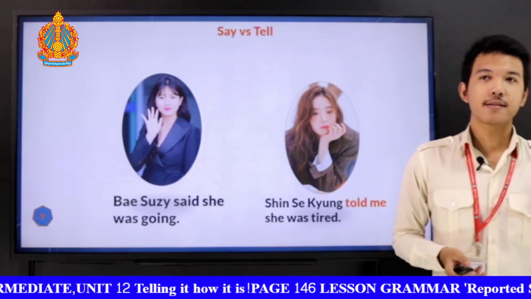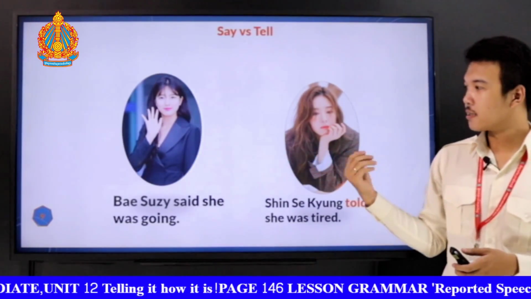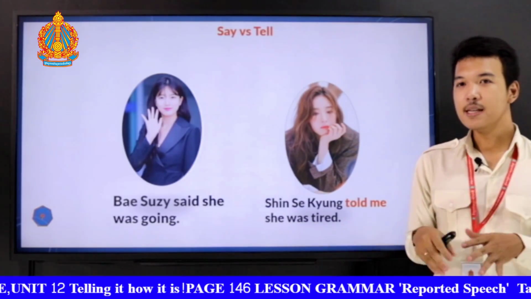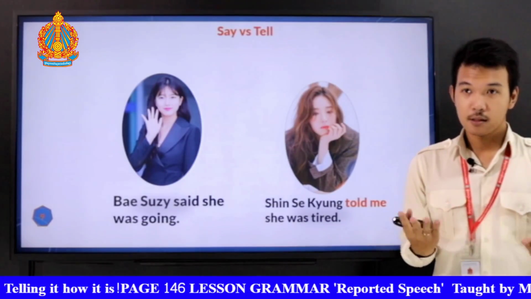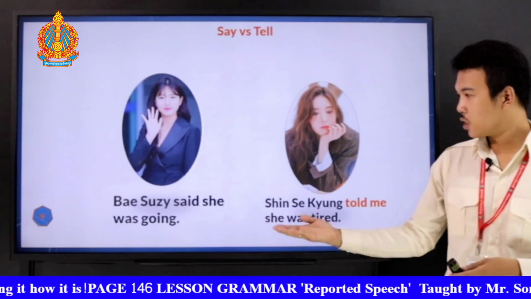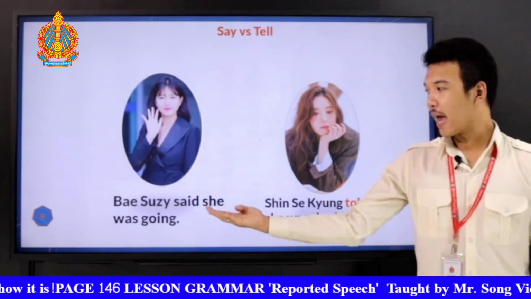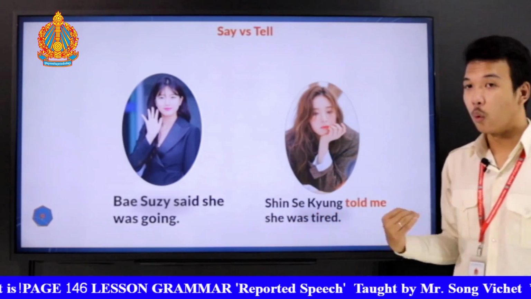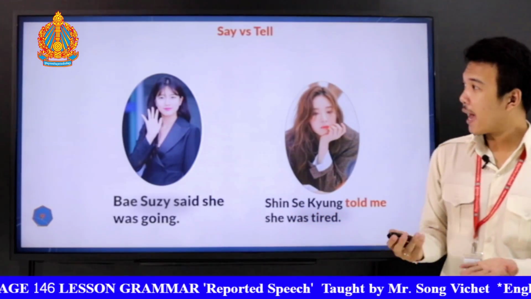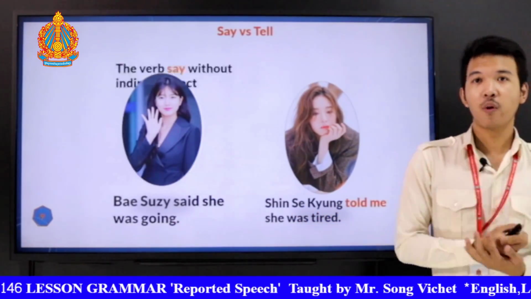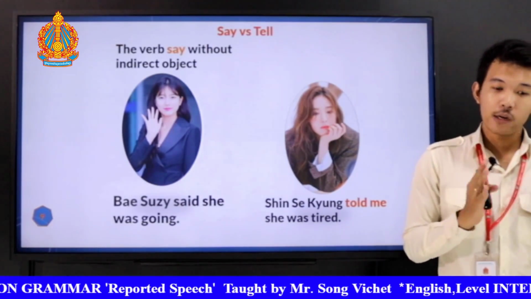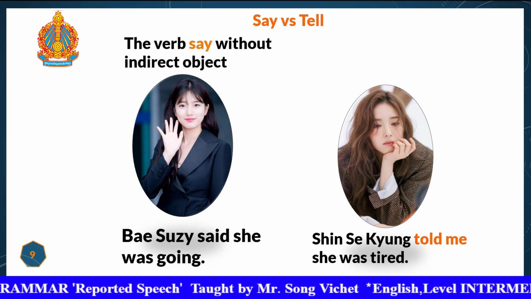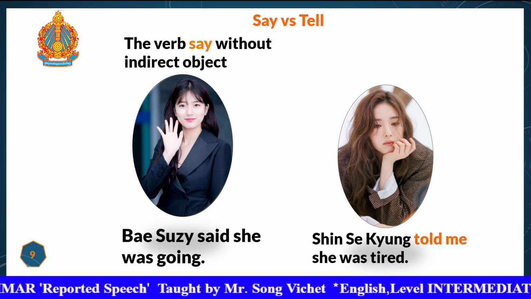Next, we're going to talk about say and tell. As you can see in this example, "Susie said she was going." "Sean told me she was tired." So as you can see here, we have said and told. Based on the examples, we can say that when we use say in reported speech, we don't use it with an indirect object.